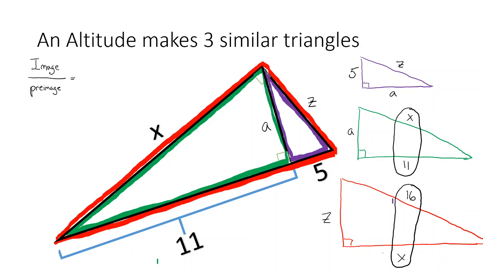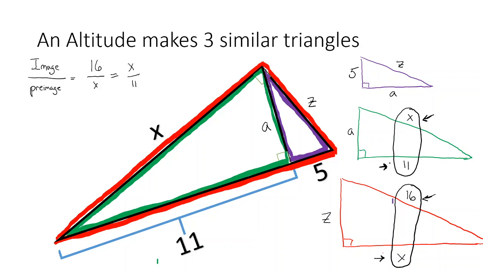So in the case of the longest side, we have 16 is to X as, on the medium side, X is to 11. So 16, the longest side on the biggest triangle, is proportional to X, the longest side on the medium triangle, as X, the medium side on the biggest triangle, is proportional to 11, the medium side on the medium triangle.